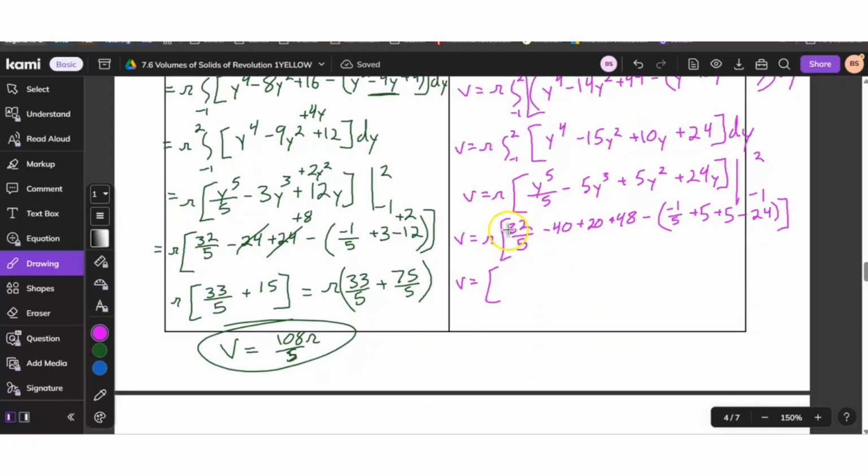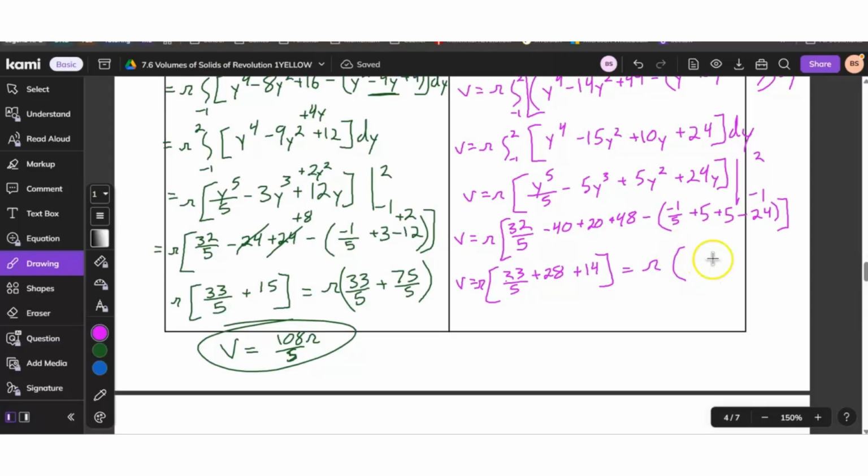So those fifths are the same thing again, 33 fifths. Oops, forgot the pi. All right, negative 40 plus 20 is negative 20 plus 48 is going to be 28. And on this side, we got 10 minus 24 is negative 14. Minus negative 14 is plus 14.